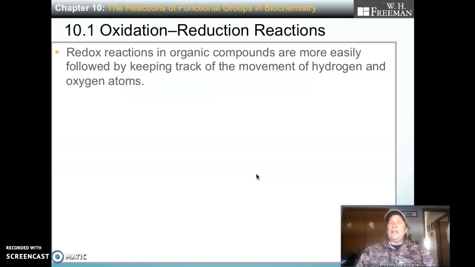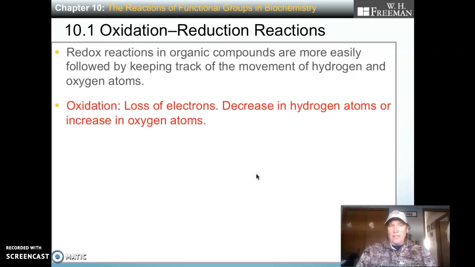If you're in an organic compound, you have to keep track of the movement of the hydrogen and the oxygen, okay? So when you have oxidation, the loss of electrons, basically what's going to happen in an organic reaction is you're going to decrease hydrogen atoms, or you're going to increase oxygen atoms, okay? So oxidation is an increase of oxygen or a decrease in hydrogen, and that's all it is.